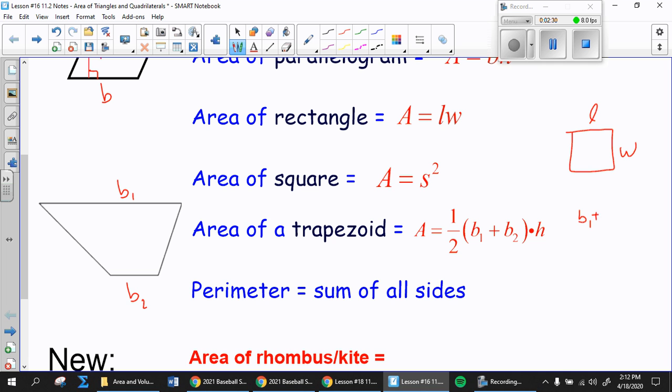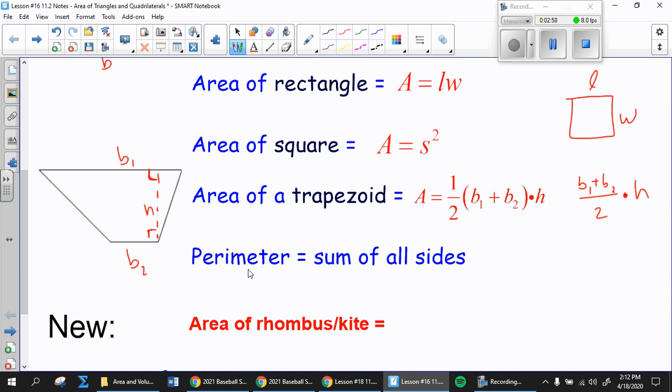Again, you've maybe seen this as base 1 plus base 2 divided by 2 times height, same thing. Multiplying by 1/2, dividing by 2 is the same thing. So if we look at our picture here, the bases are parallel sides, so you take one base plus the other base, divided by 2, and then your height is always perpendicular to the bases.